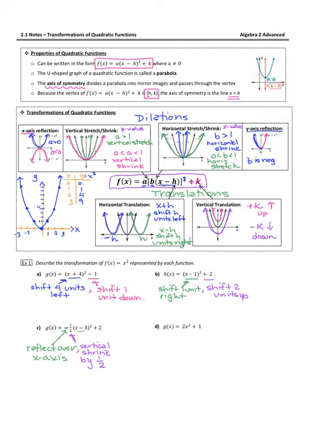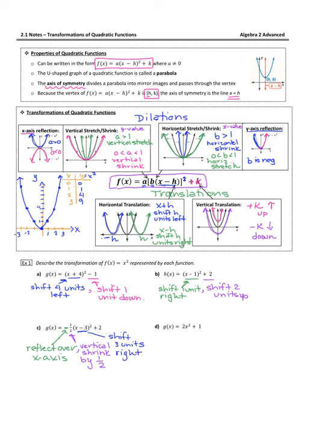Then inside the parentheses here we see a -3. So -3 is going to shift us 3 units right in the positive direction.